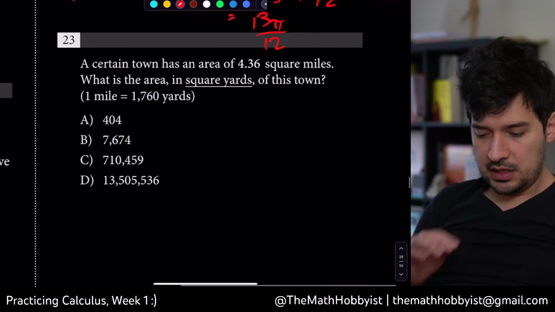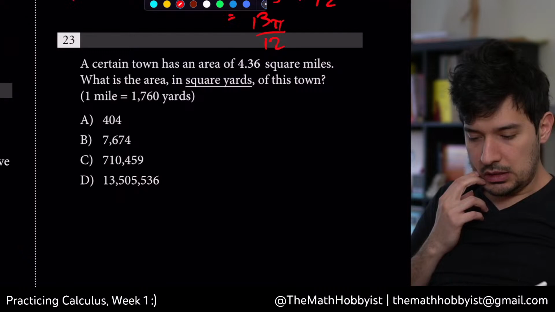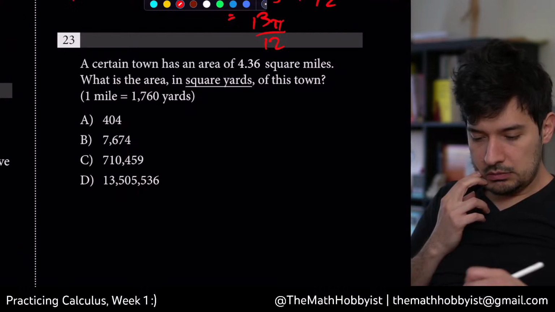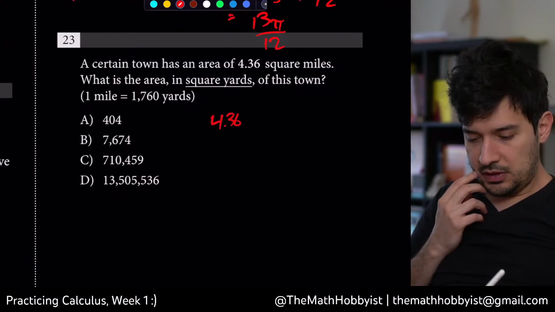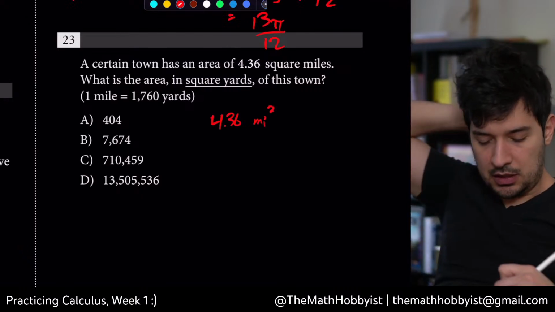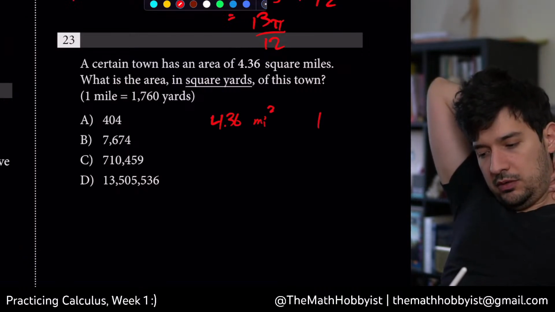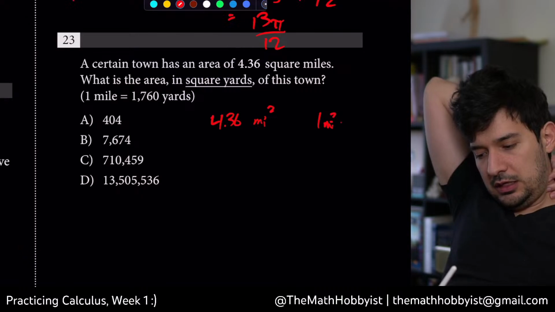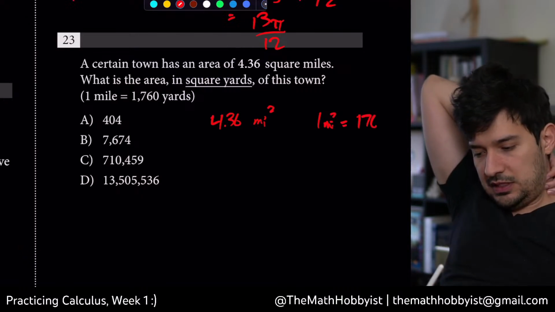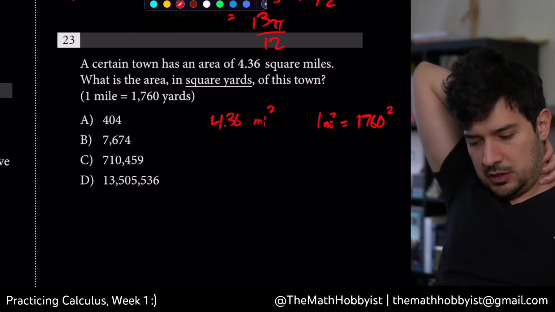23. Certain town area, square yards of this town. 1 mile equals 1760 yards. Okay. 4.36 square miles in square yards. So 1 square mile equals 1760 squared square yards, I think.